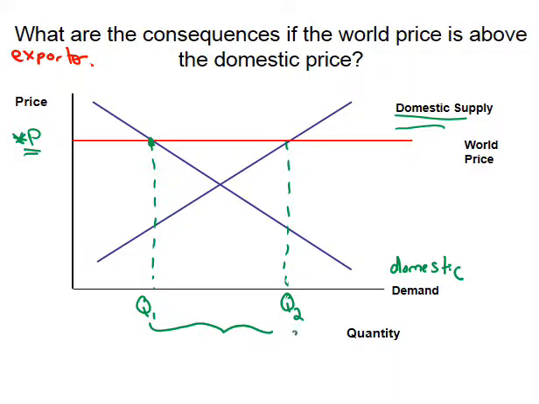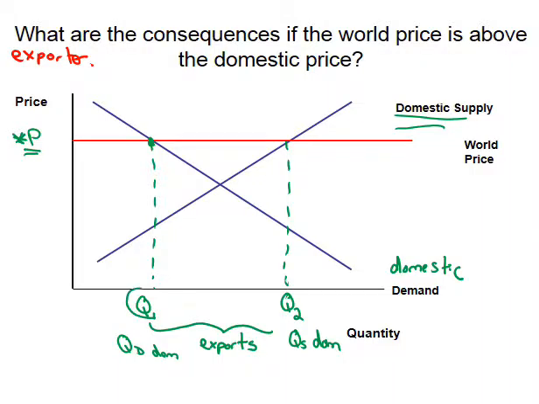Let's also make reference to the fact that this is the domestic quantity supplied, and this is the domestic quantity demanded. So if we're going to produce more than our domestic market wants to buy, because we're now engaged in trade, this can become the exports.